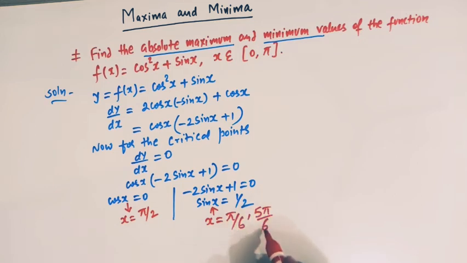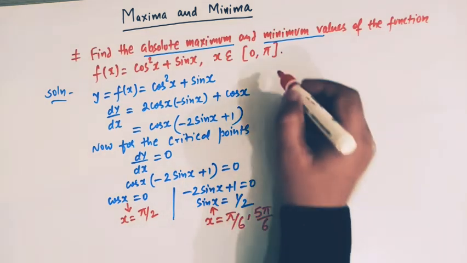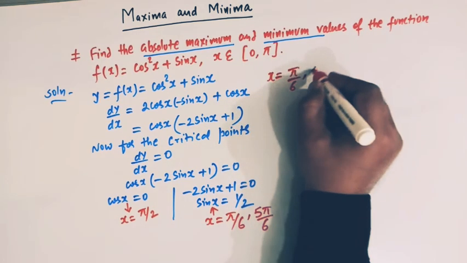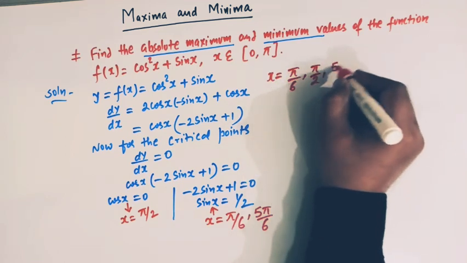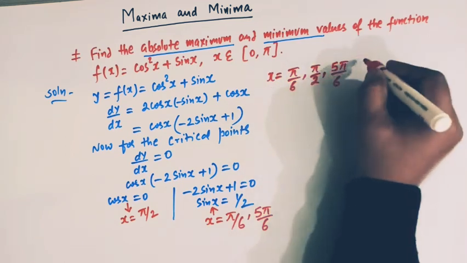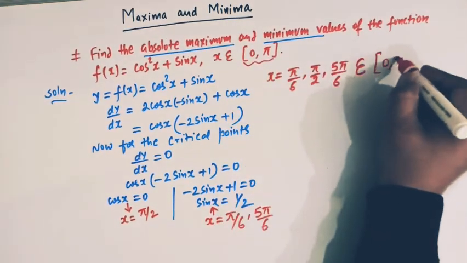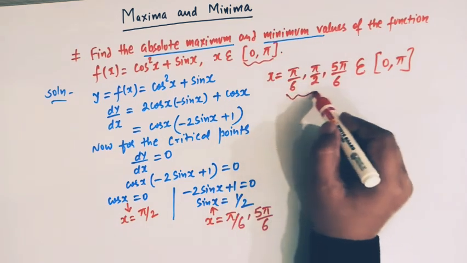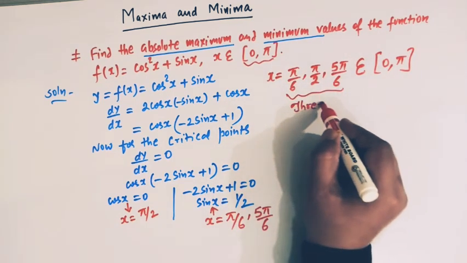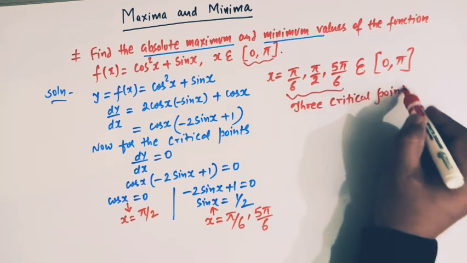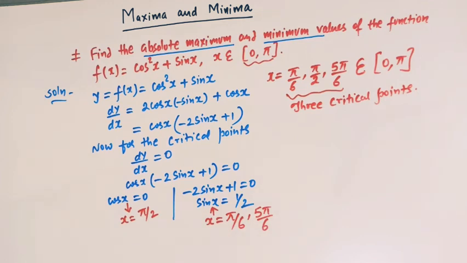And these three values, that is pi by 6, pi by 2 and 5 pi by 6, all these three values belong to this interval, right? Now we have these three critical points, and we have to see which point is the point of maxima and which is the point of minima.